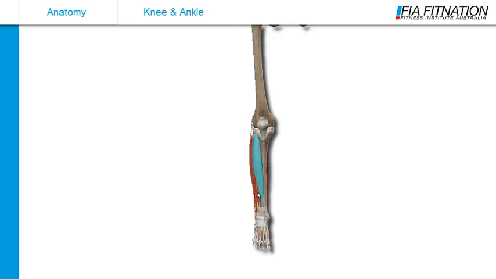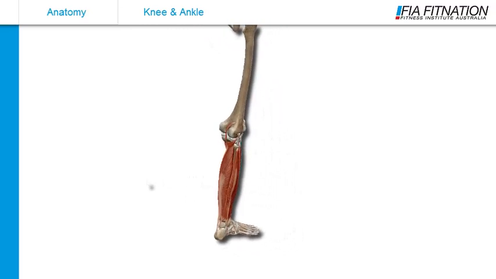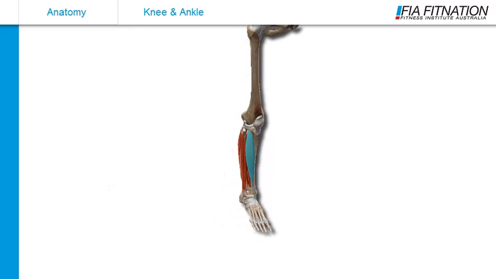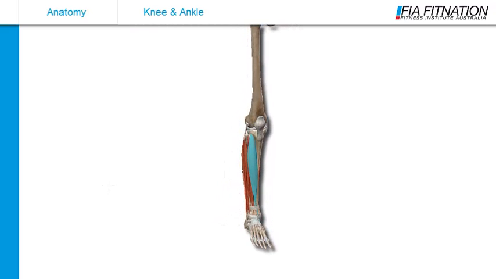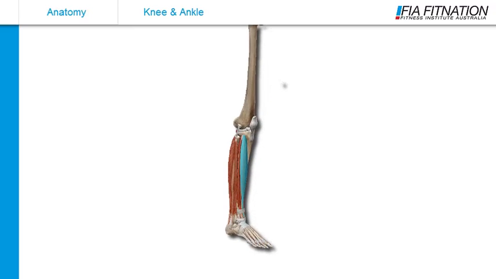Now its job is really to oppose the plantar flexors by causing dorsiflexion, which is the lifting up of the toes. It also causes foot inversion as well, which is sort of bringing the big toe upwards.